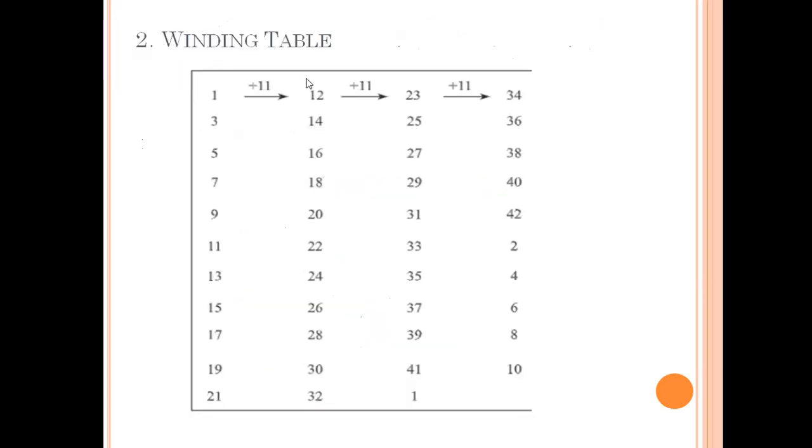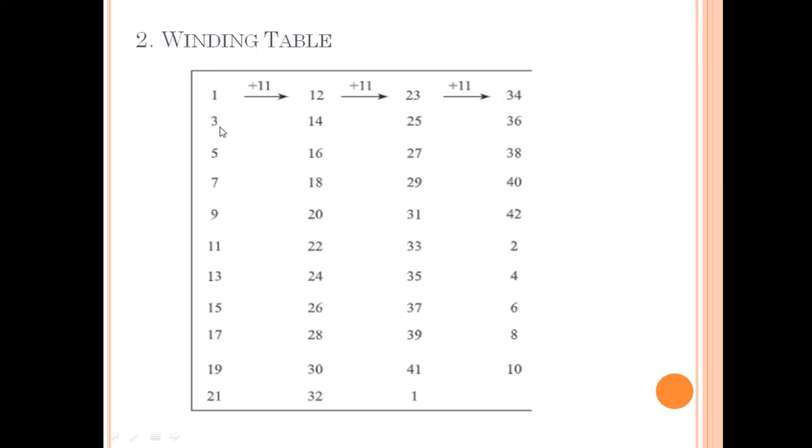So next is to write the winding table. So 1 plus back pitch, that is 11, it is 12. 12 plus front pitch, 23. 23 plus back pitch, 34. 34 plus front pitch, it means 34 plus 11, it is 45. I have 42 conductors, so 45 minus 42 is nothing but 3.